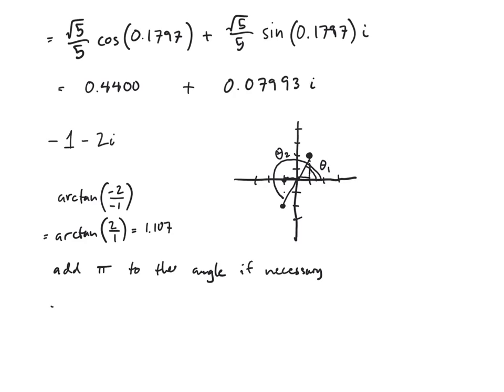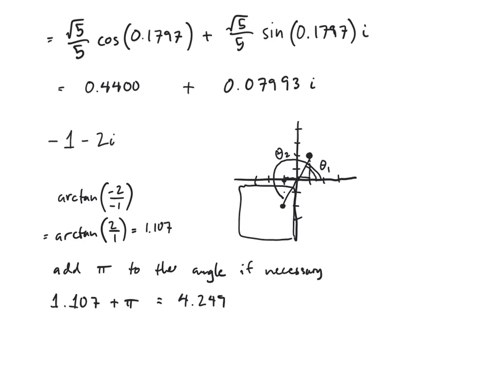So I actually have to write 1.107 plus pi, and when I plug this in I get an angle of 4.249 radians. And that's the angle that I have to use for my complex number down in this quadrant.